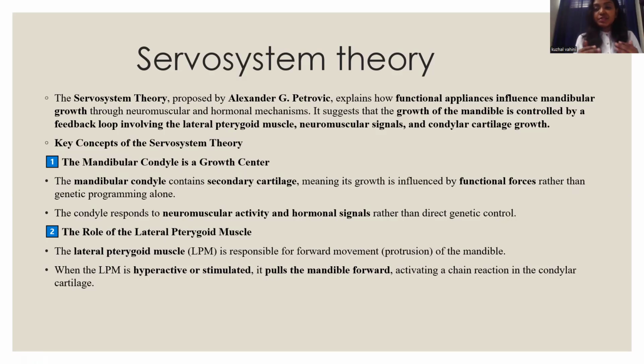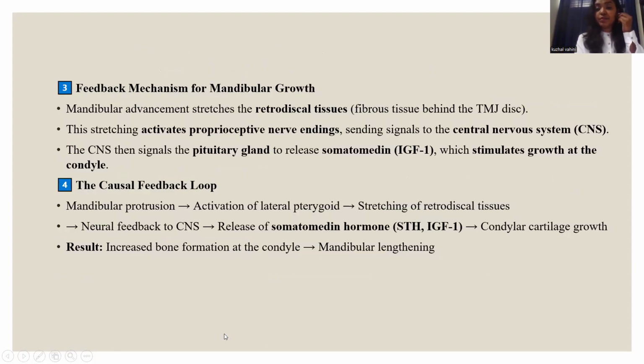What happens here is that when the mandible is advanced forward, there is a stretch in the lateral pterygoid muscles. Once there is a stretch or hyperactivity in the pterygoid muscle, this creates a tension in the retrodiscal tissue. Once there is tension in the retrodiscal tissue, the proprioceptive receptors or nerve endings get activated.